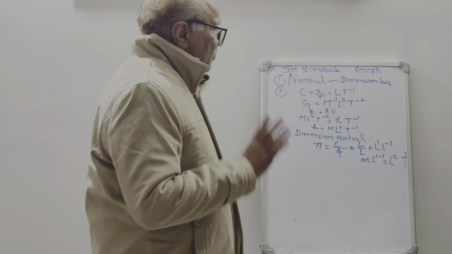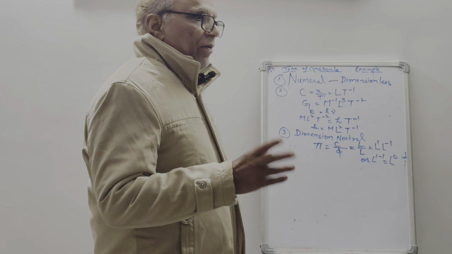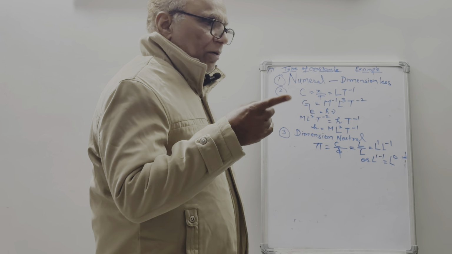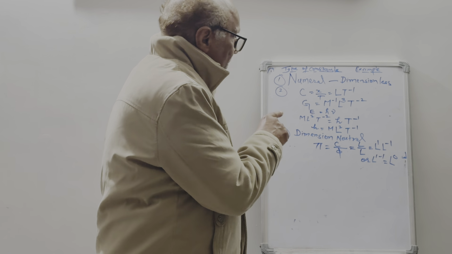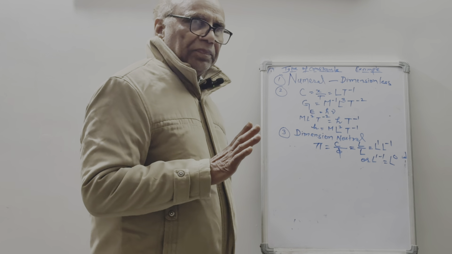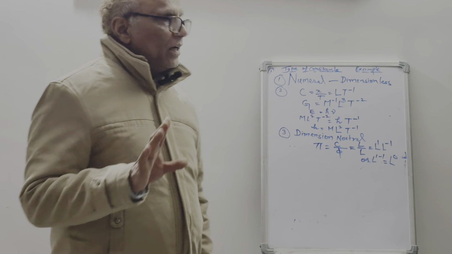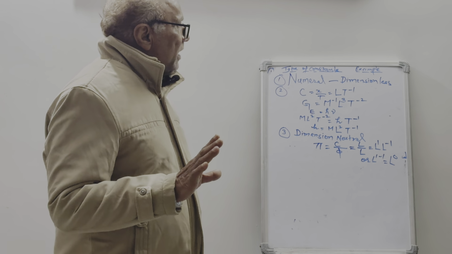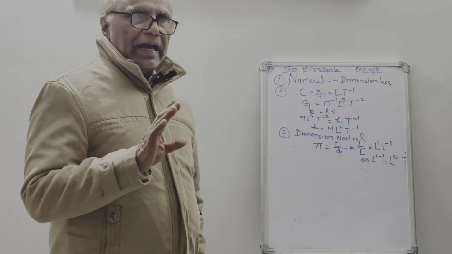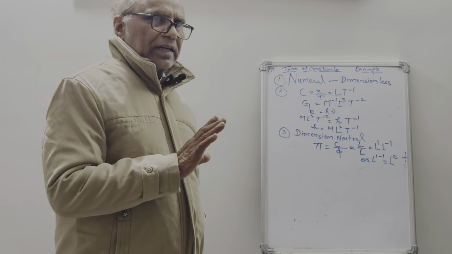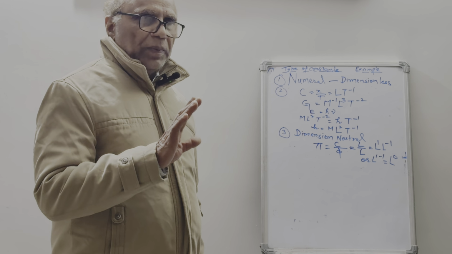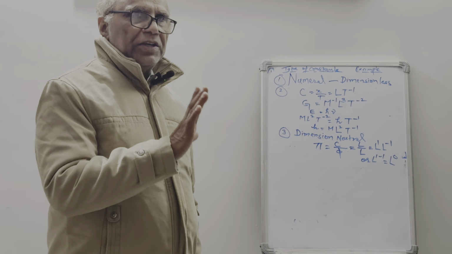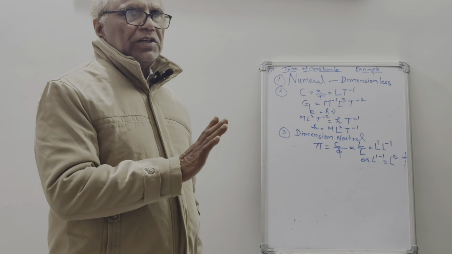Whatever be the value of circumference, the ratio of the diameter and its circumference will always be pi. So these are the three types of constants, and we have seen that whatever be the case, when there is an equivalence relation, it should be balanced dimensionally on both sides.